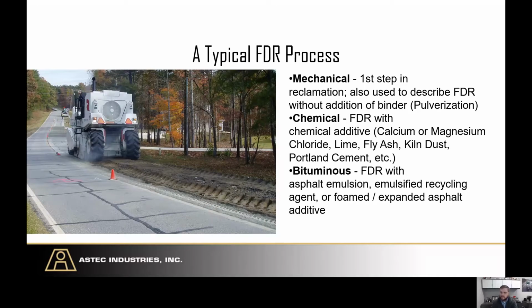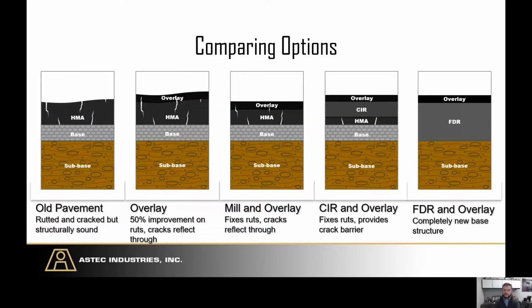Chemical, which is where we add a chemical additive, Portland cement, lime, and some other similar cementitious products to create a new base. And then there's bituminous, which is going to be emulsified asphalt or foamed expanded asphalt, and most likely is going to include some Portland cement or lime in those bituminous processes as well.